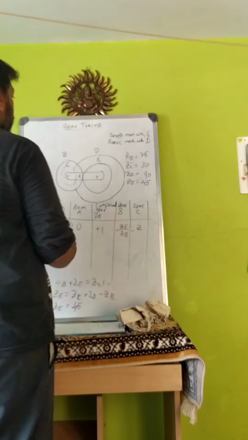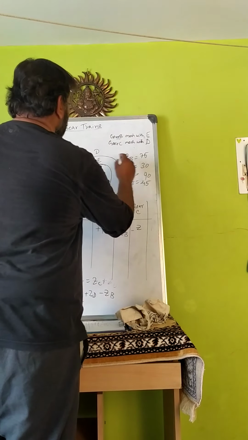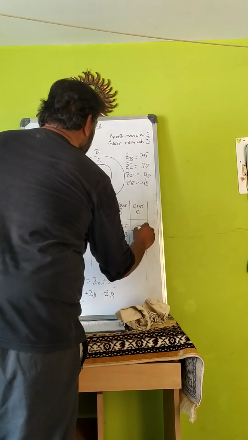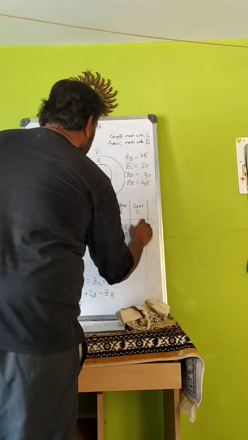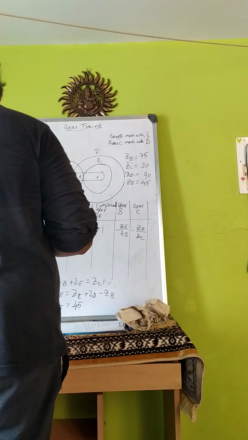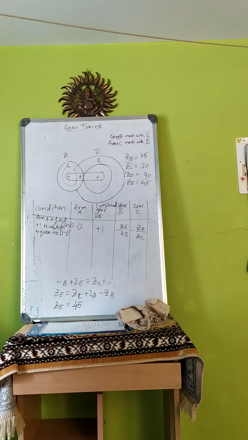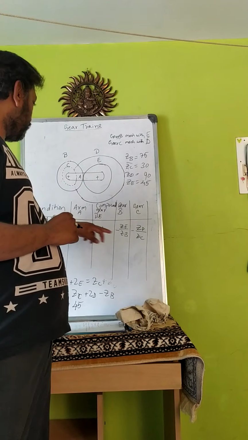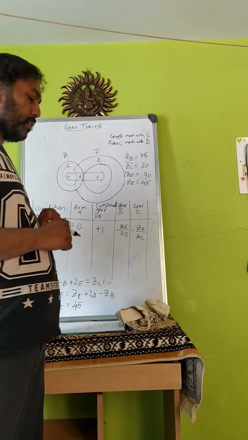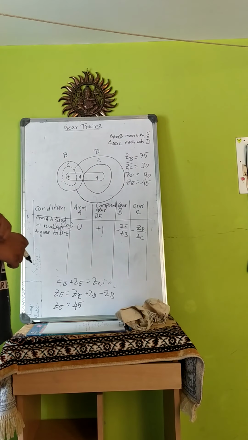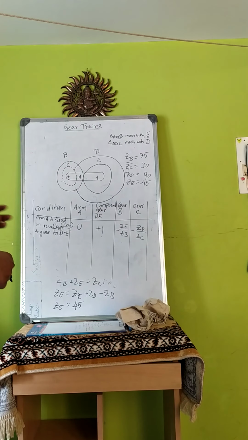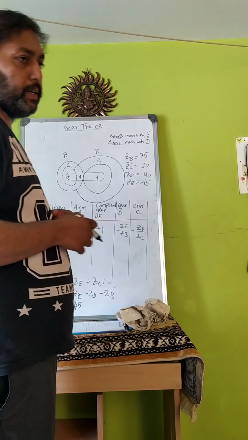And the ratio will be ZD by ZC, because C is meshing with gear D. Okay, so this first row is completed.